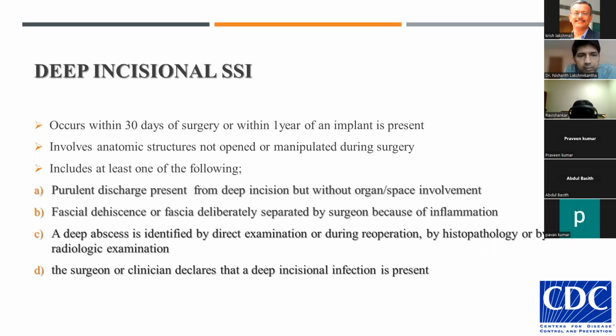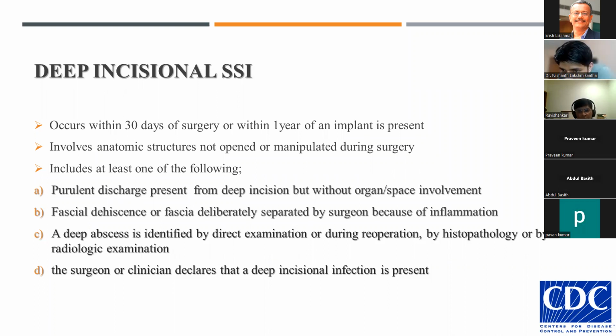Deep incisional surgical site infections include infections which occur within 30 days of surgery, or within 1 year of an implant, and involve anatomic structures that are not opened or manipulated during the surgery.